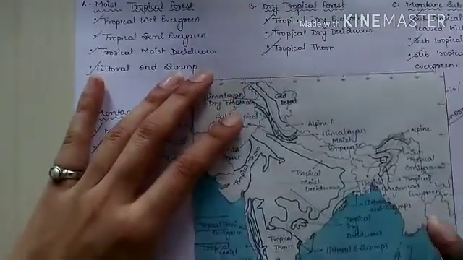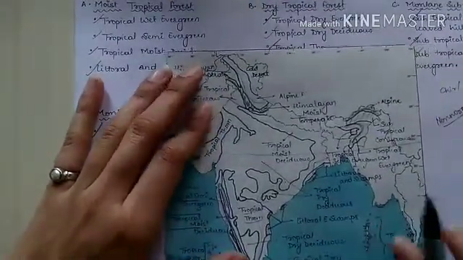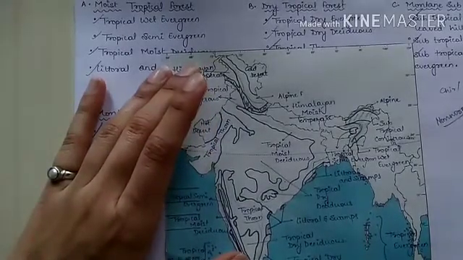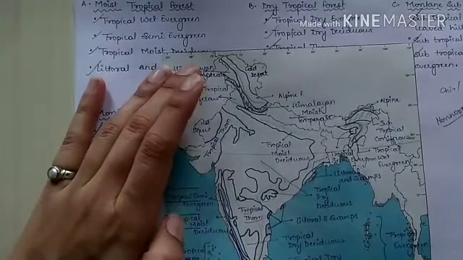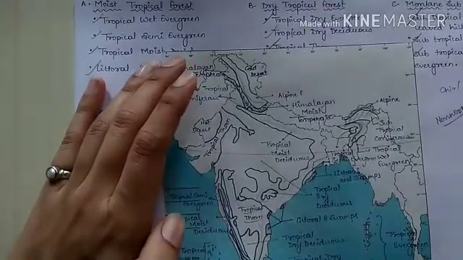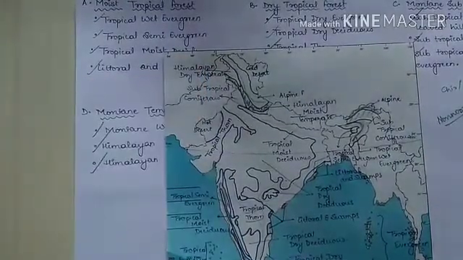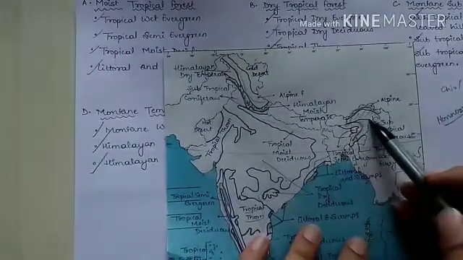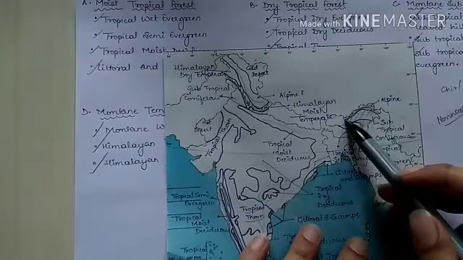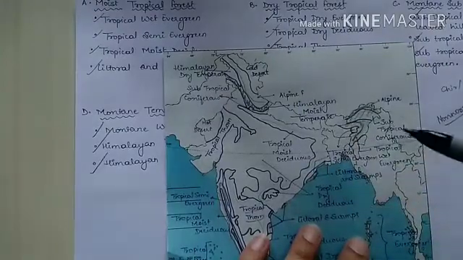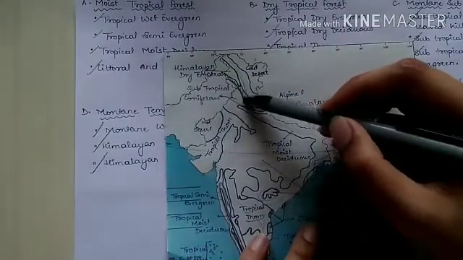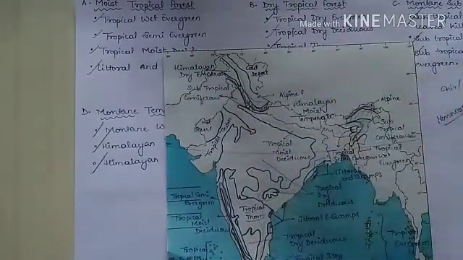In this subtropical forest, we have subtropical broad-leaved hill, then subtropical moist hill, and subtropical dry evergreen. These types of vegetation are found in this part of the northeastern region, and then in this area.